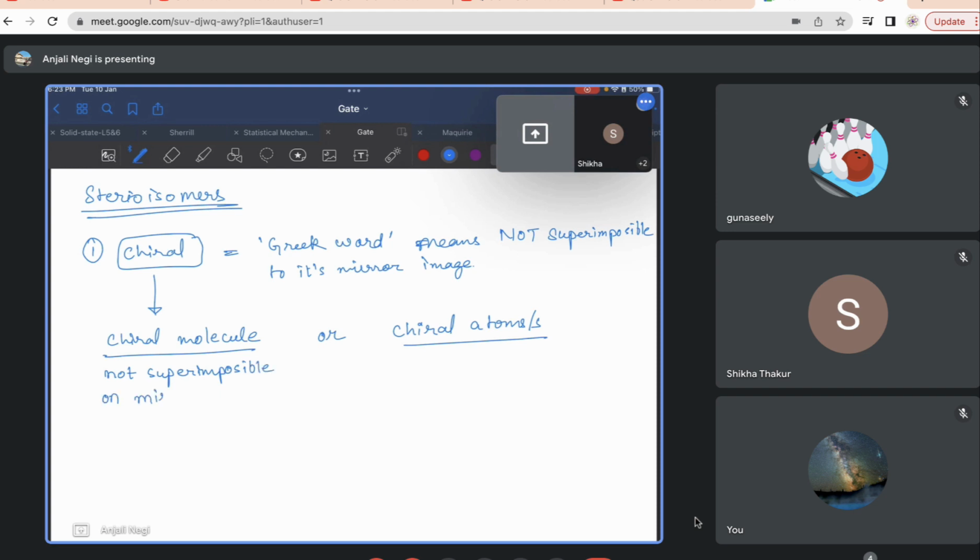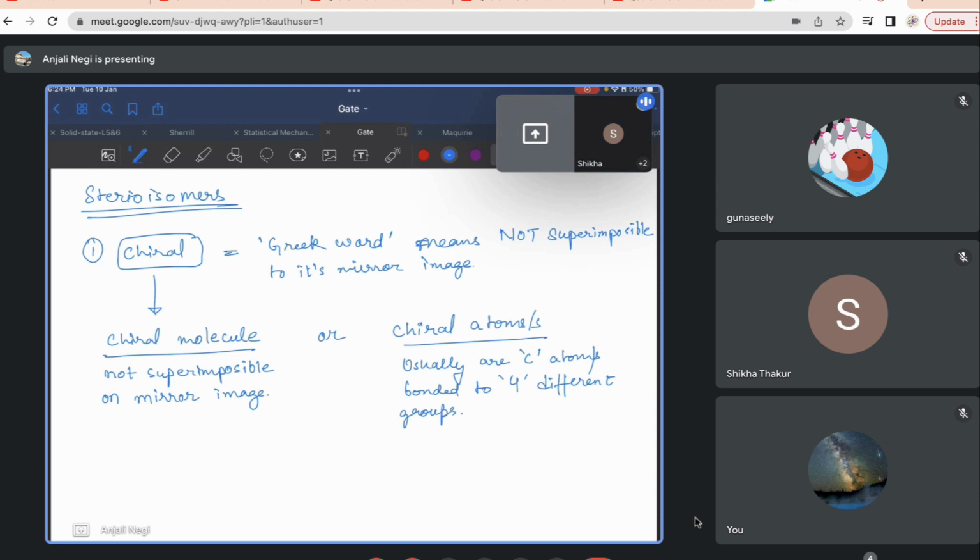When I talk about chiral atoms, usually this stereoisomer and chirality concept is applied to organic molecules, which have carbon as the backbone element. So usually there are carbon atoms bonded to four different groups.